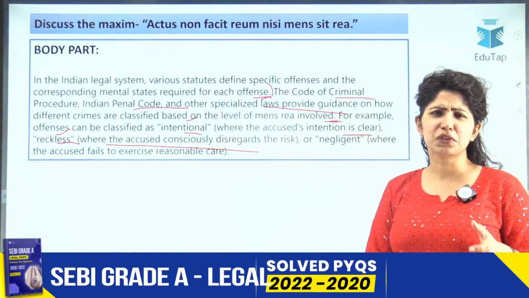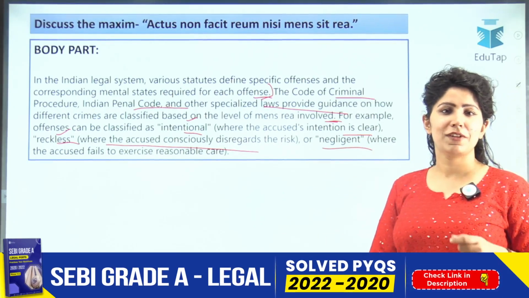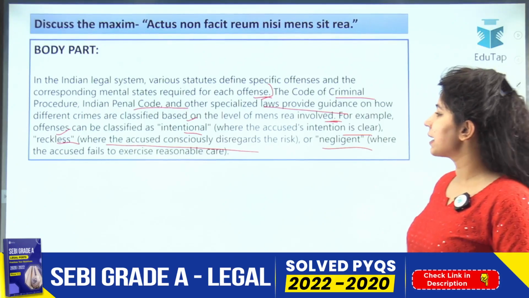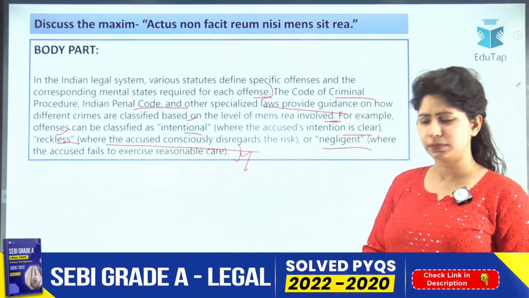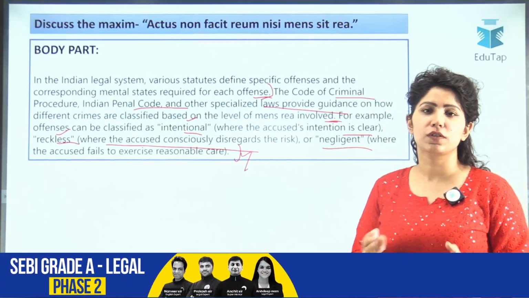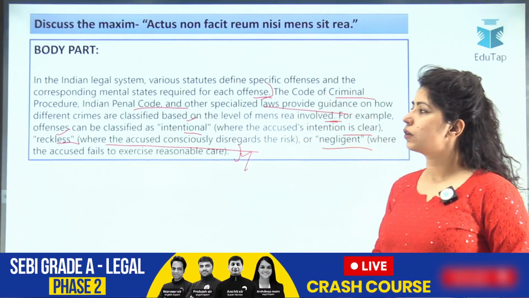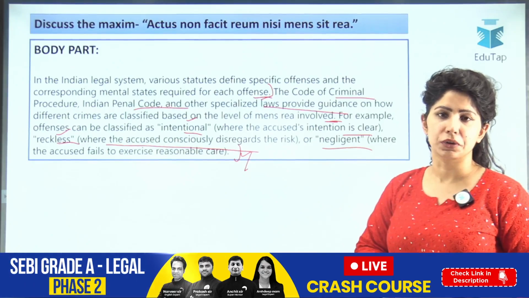We heard that in the case of driving, reckless driving. Then negligent, where the accused fails to exercise reasonable care. All right, negligent. So these three parameters have been established in most of the Indian laws, and all these three, Code of Criminal Procedure, Indian Penal Code, and other specialized laws, have been mentioned.